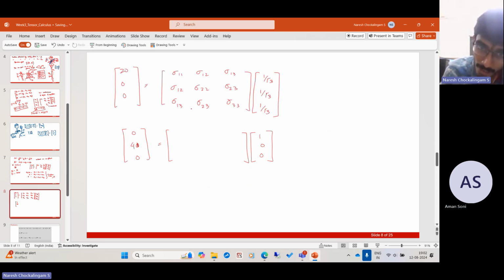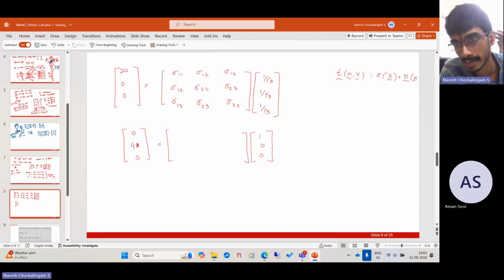Now, the good thing about the Cauchy relationship is that T of n at a point x is sigma, which is a function only of x, acting on the normal at x. So the stress is independent of the normal. At this point, the stresses are the same, so these components are not going to change.